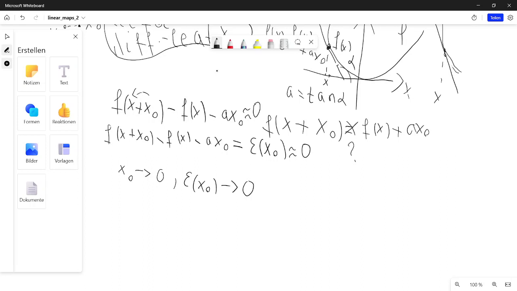Because if we had that, then recall school, you would have f of x plus x0 minus f of x. Recall the characterization of differentiability at the point x given in terms of a limit.